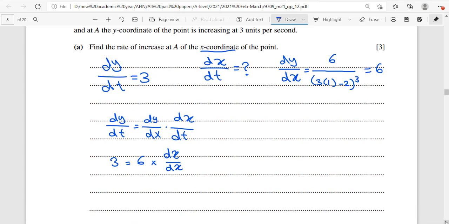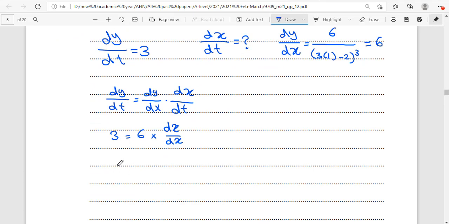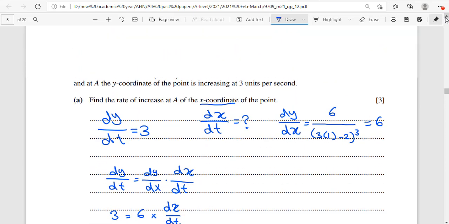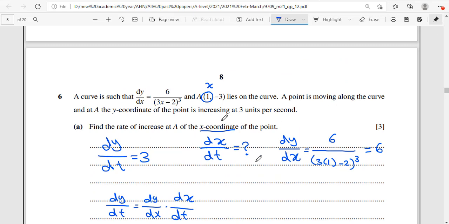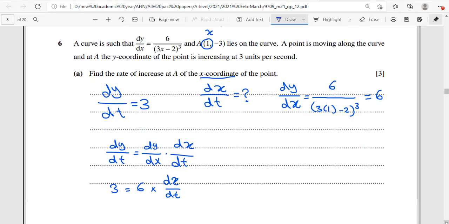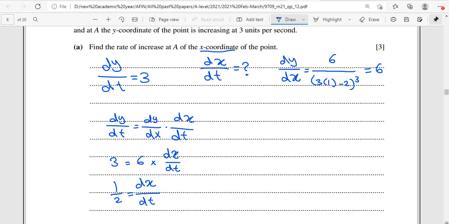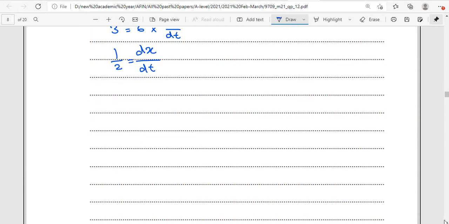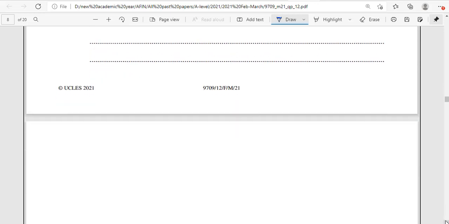It's obvious, or 3 divided by 6 is 1 over 2. So dx/dt is equal to 1 over 2. That's it. Too much information, so much writing. We don't need them. We just need these numbers, and the result of a rate of change is a number, not an equation, in most of the cases.